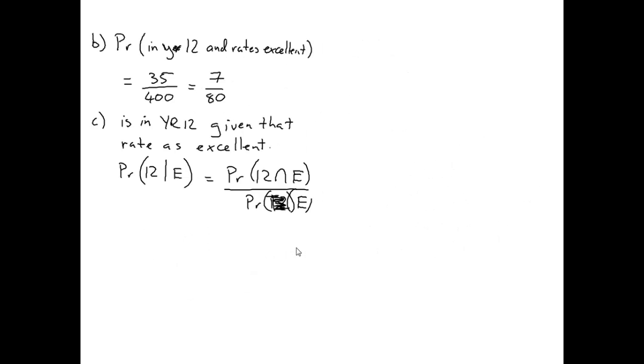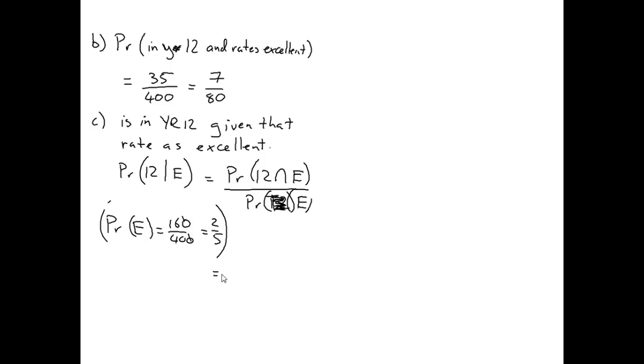So the probability of an excellent rating is 160 out of 400. That might be able to cancel down. 16 over 40 is 8 over 20 is 4 over 10 is 2/5.